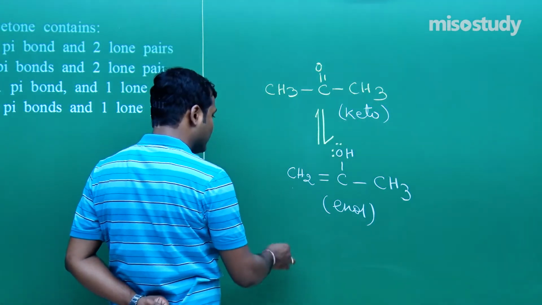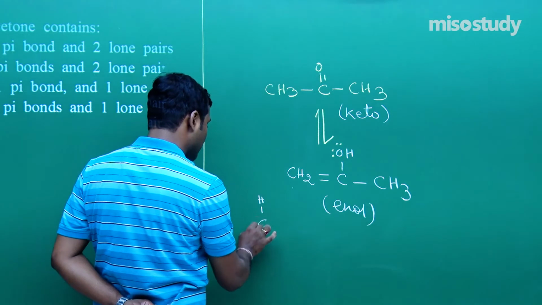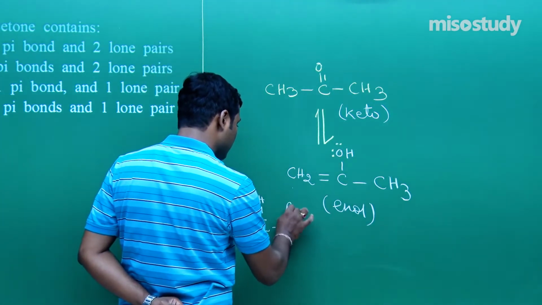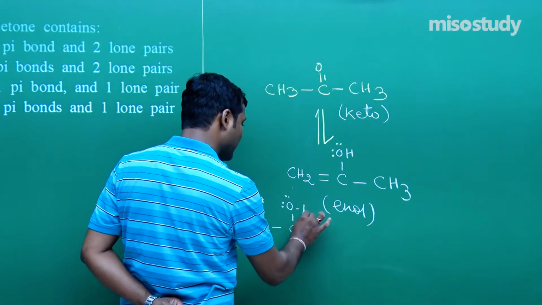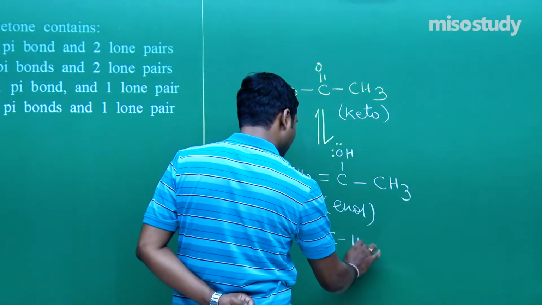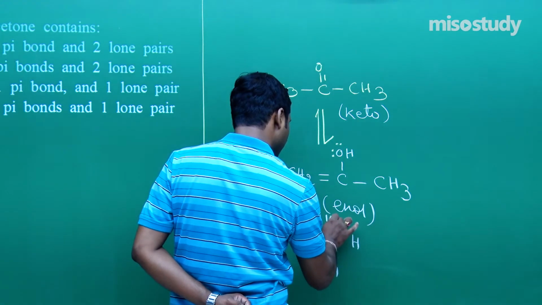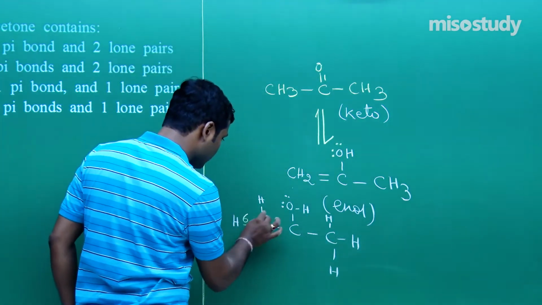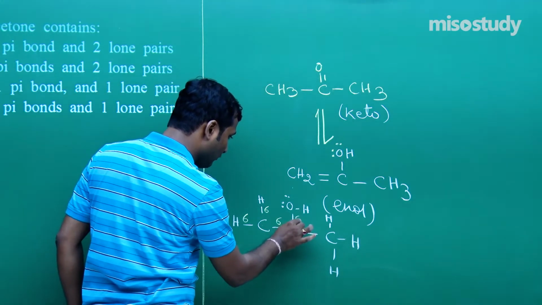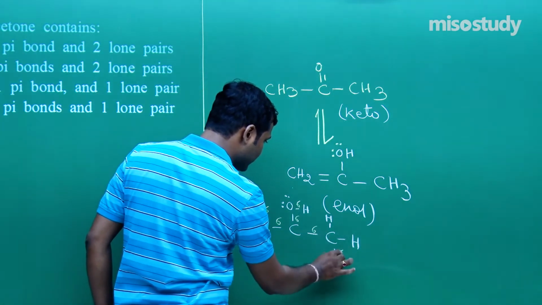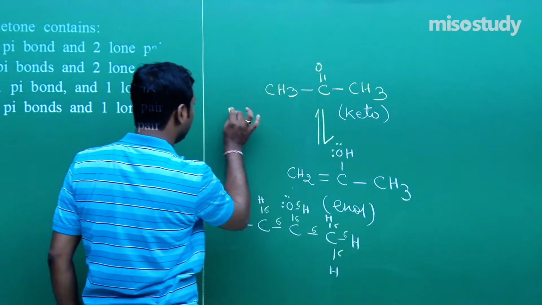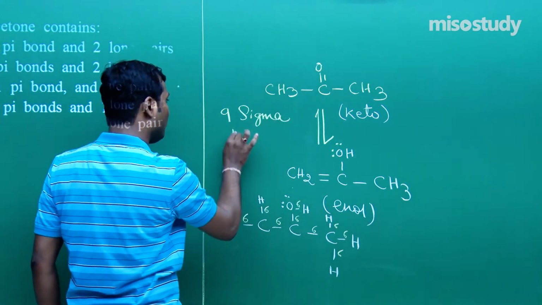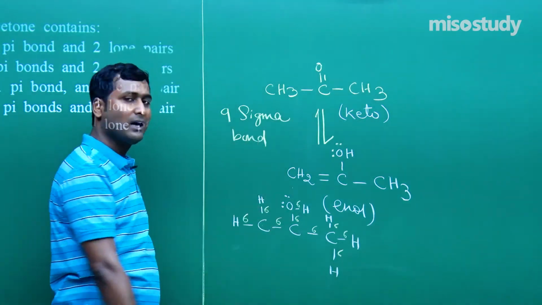If I write like this, C, put here H, put here H, then C, this one is O, then this one is H, and this one C, H, H, and put here H. Clear? Now count the sigma bonds: 1, 2, 3, 4, 5, 6, 7, 8, 9. We can say that is 9 sigma bonds.